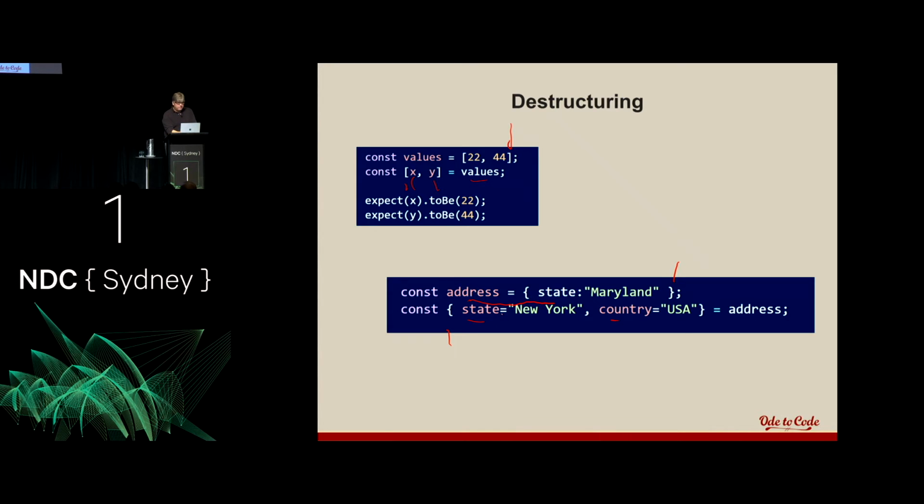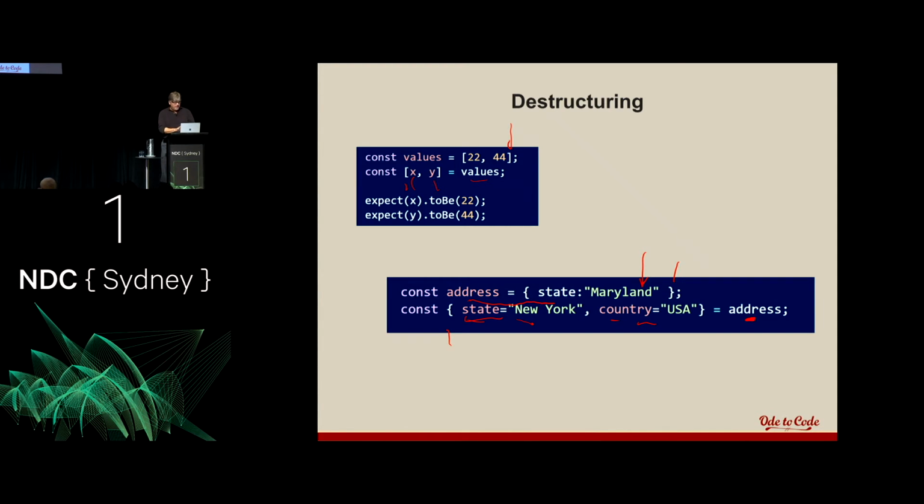State is going to have a default value of New York, but it's also going to try to read the state property out of address. Since there is a state here of Maryland, that's where I live in the United States, the result of this would be that state would be pointing to the string Maryland. Country, however, since there's no country in my address object, would get that default value of USA.